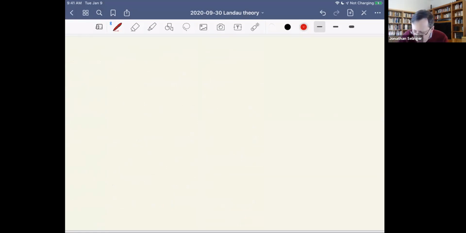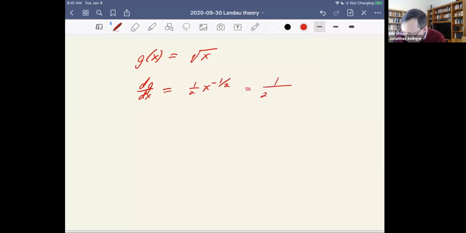So suppose g(x) is the square root of x, okay? And you want to know what the derivative of that is. So dg/dx is 1/2 x to the minus half, so 1/2 over the square root of x.